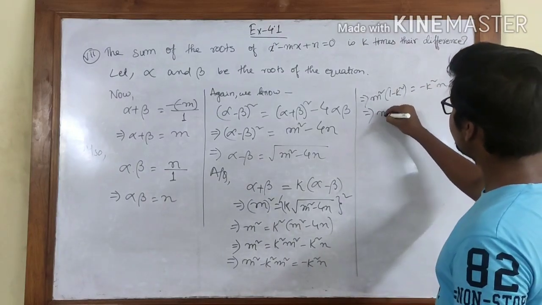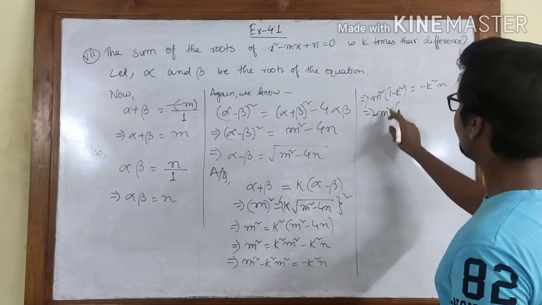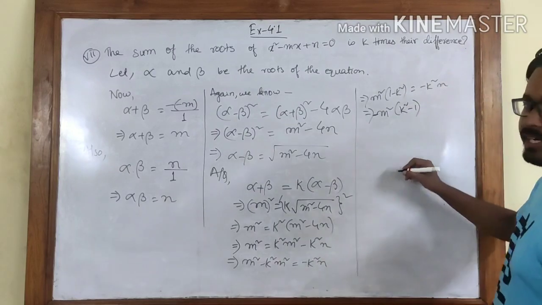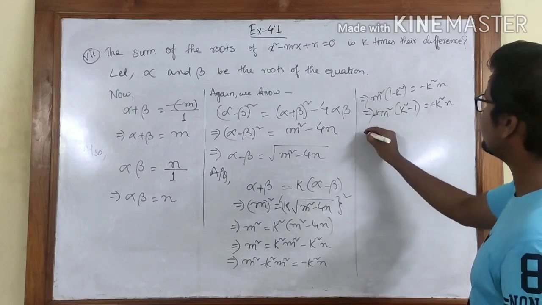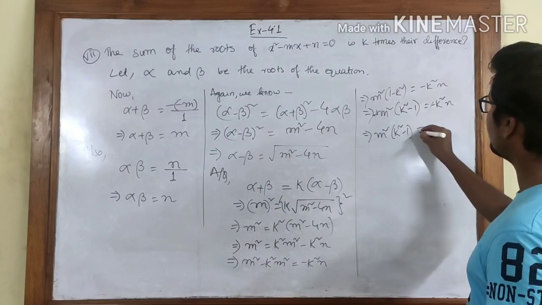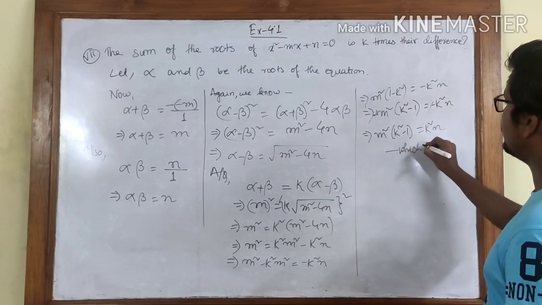If I take minus common from here, k square will become positive and 1 will become negative, and I have minus k square into n. So this minus and this minus will cancel out and we will have m square into k square minus 1 equal to k square n, which is the required condition.